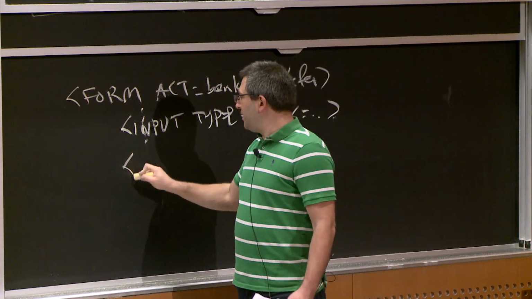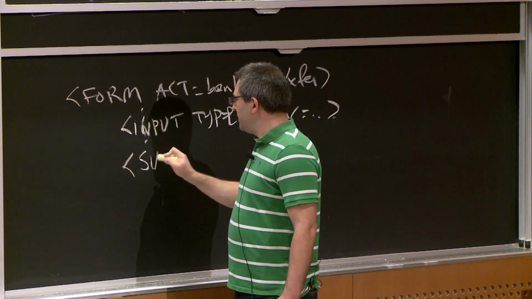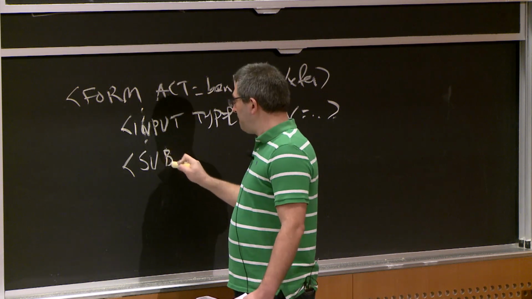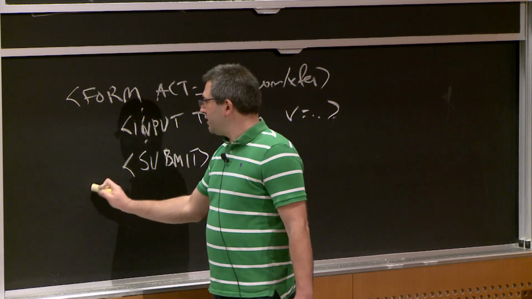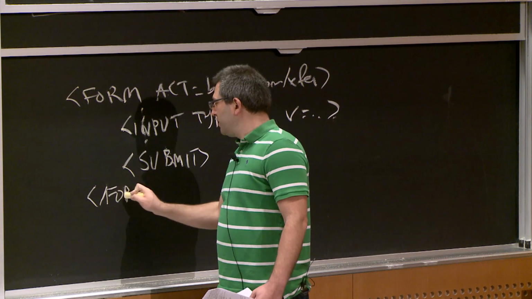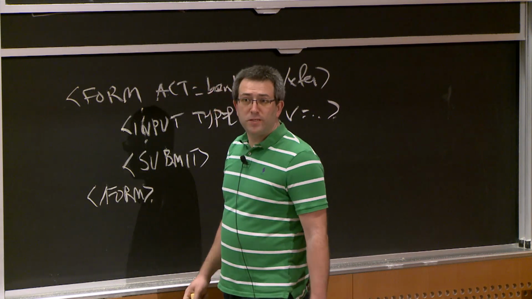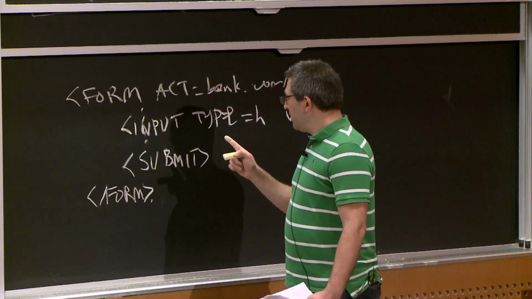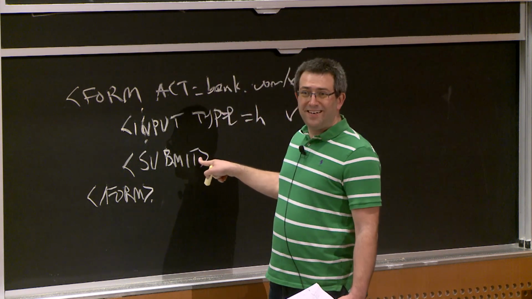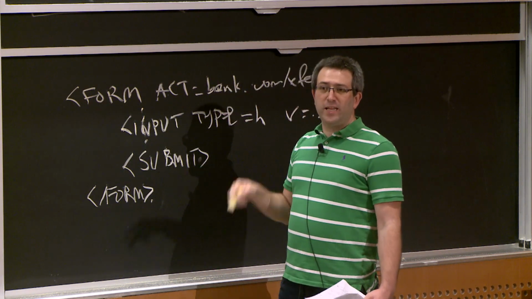And then you could say, here's the button, input type submit, whatever. And from JavaScript, you can synthetically submit forms. So in JavaScript, you can say, click this logical button, and it'll be as if the user really clicked this.